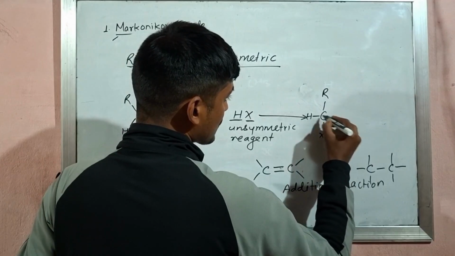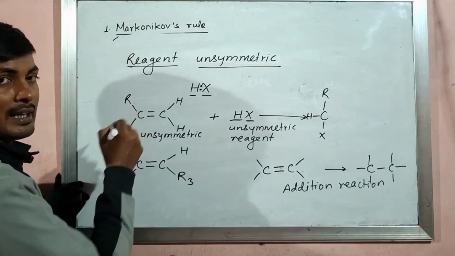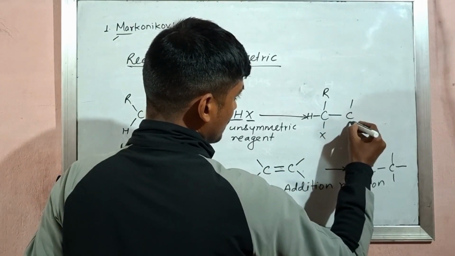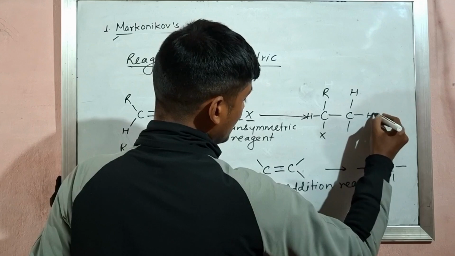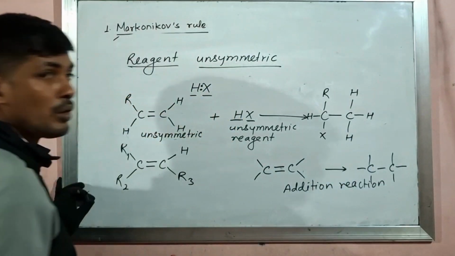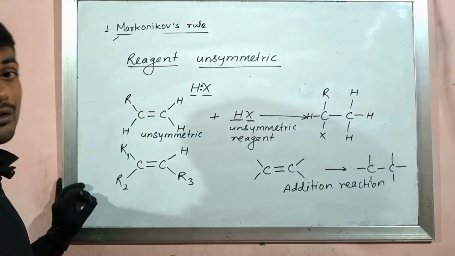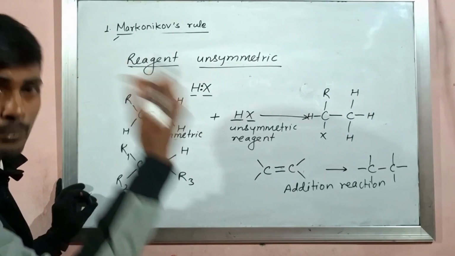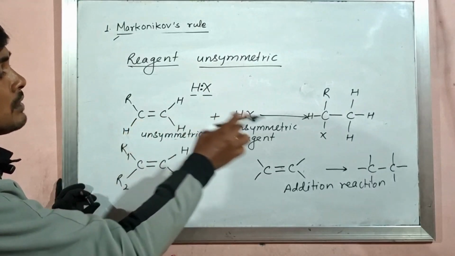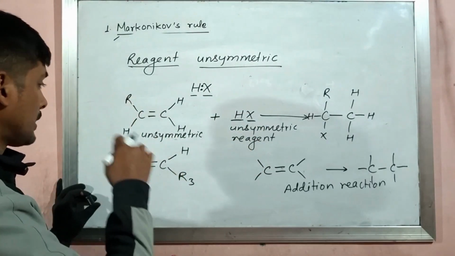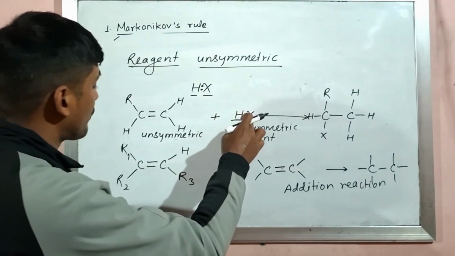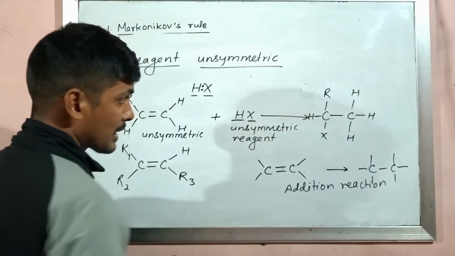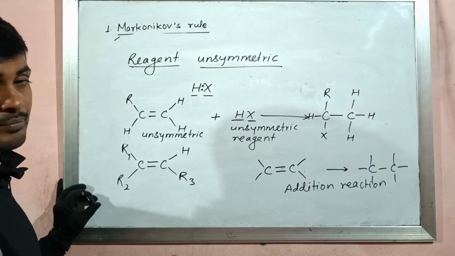The halogen gets attached to the carbon where there are more substituents, whereas the hydrogen attaches to the carbon where there are more hydrogens. Hydrogen goes towards the carbon atom having more hydrogen, whereas the halogen, or the negative radical formed from this unsymmetric reagent, gets attached to the substituted carbon.